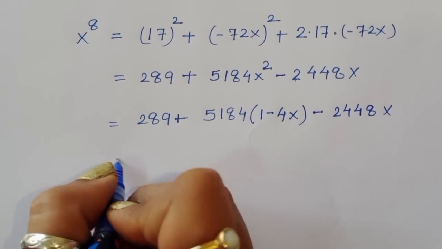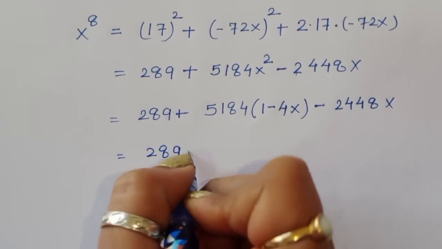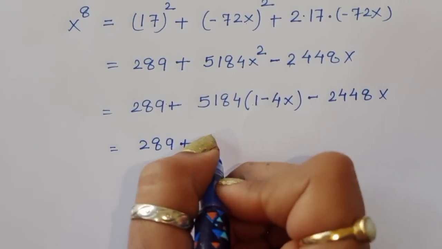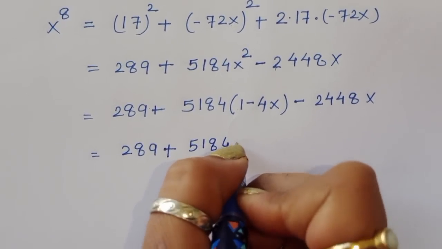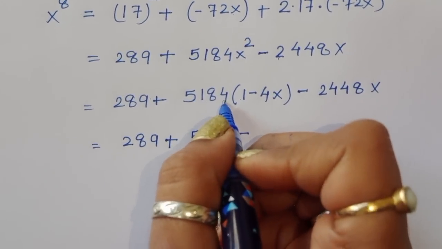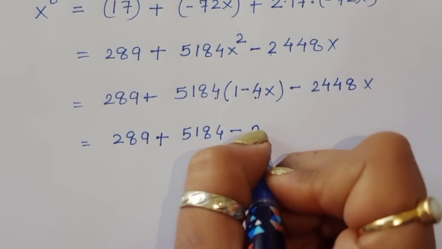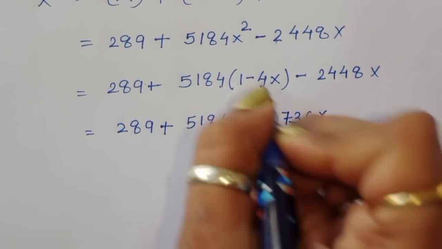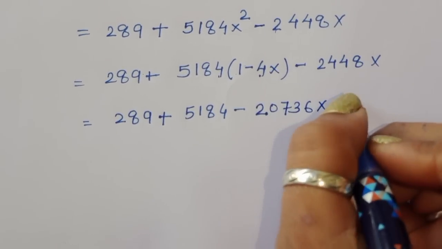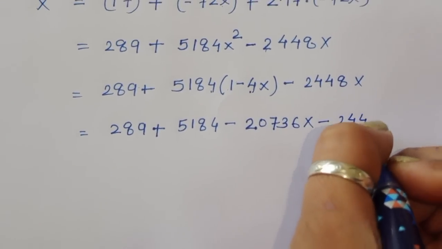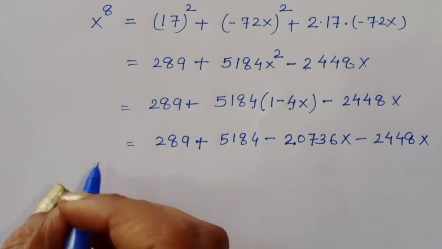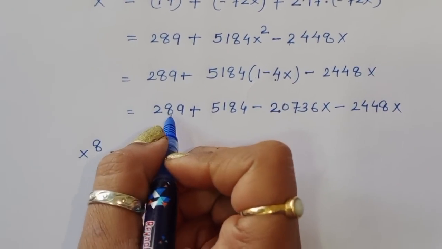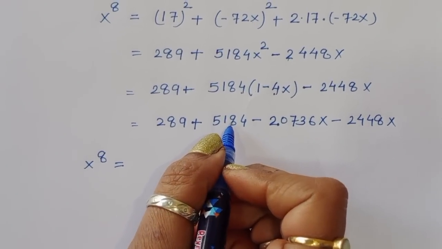Now we multiply 5184 times 1, that is 5184, minus 5184 times 4, so it becomes 20,736x, minus 2448x.